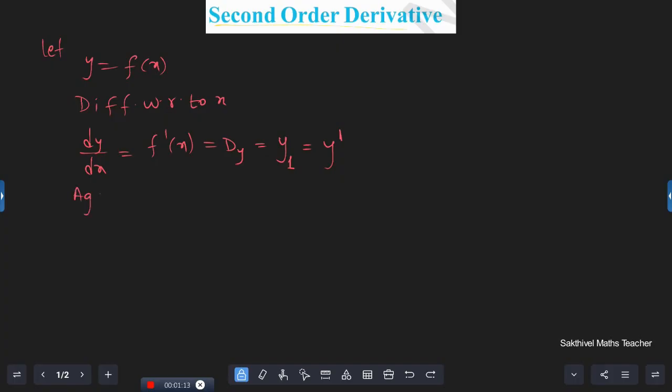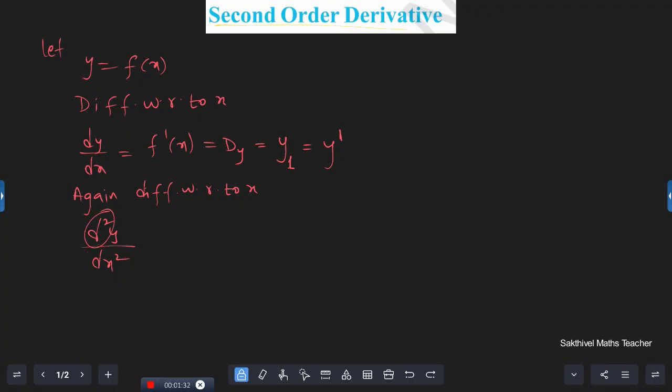So like that ways you can use for mentioning the first derivative. Again, if you differentiate with respect to x, what I am getting is d square y divided by dx square. Here I am giving d square, and down I am giving x square.